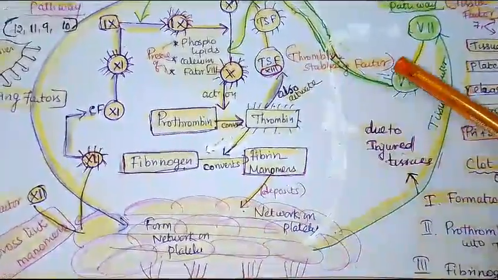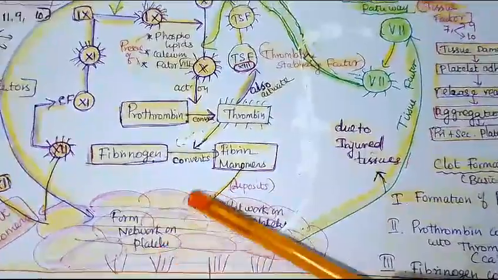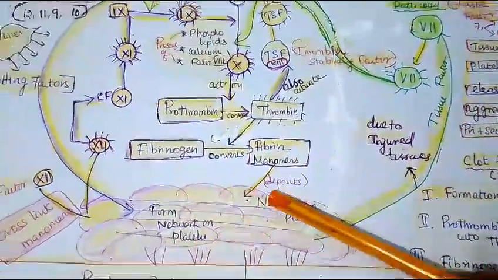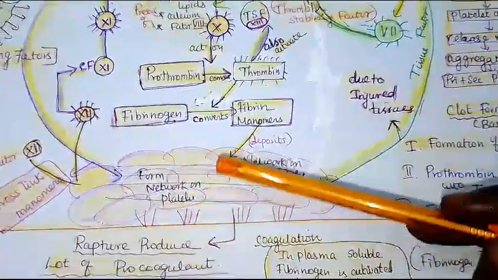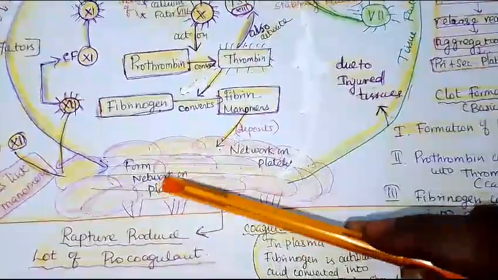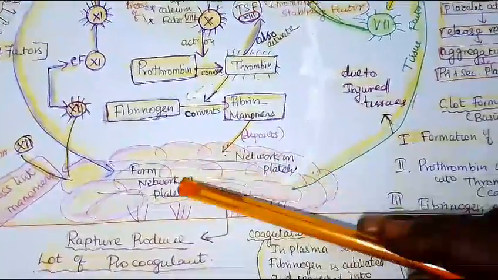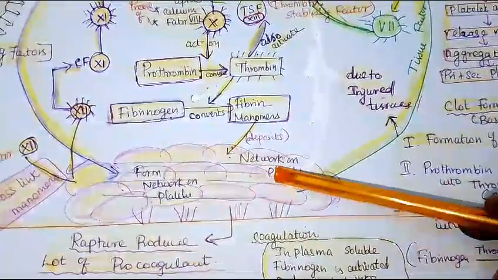So it will be releasing, and it will take the aggregation, forming the primary plug, and it is also converted into the secondary plug. Then as more and more is produced, it becomes like a thick mesh-like structure, so that the bleeding will be completely arrested.